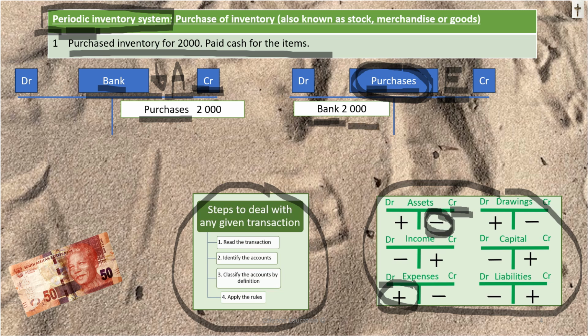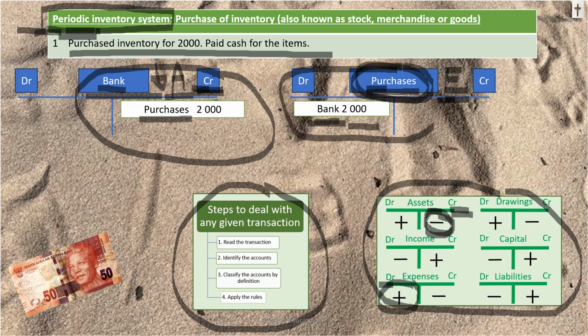So in the periodic inventory system, we purchased inventory for 2,000 euros, cash, bank got credited, and the account purchases, which is an expense, got debited according to our rules. Any movement of stock during the period is recorded under the purchases account.